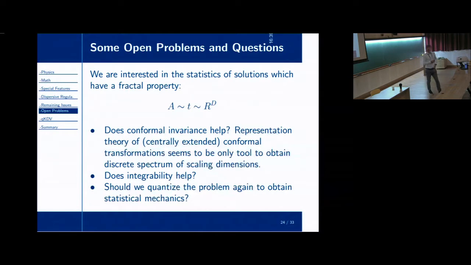This is the only tool available for finding exact results. Either the problem is free, or we may use the representation theory of the conformal group of transformations, the quantum group of transformations, what's called the Virasoro algebra, to find these scaling laws. And there are no other tools actually at our disposal.